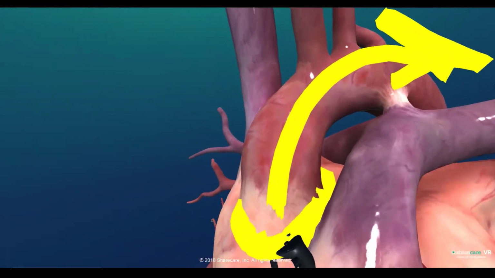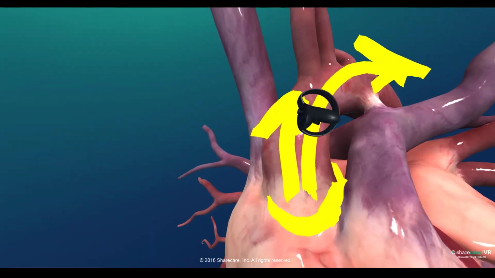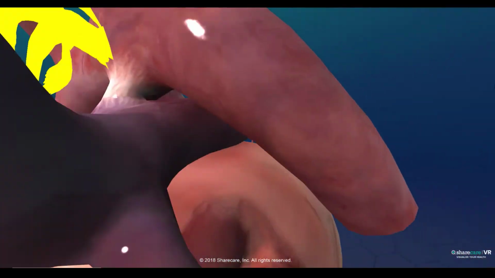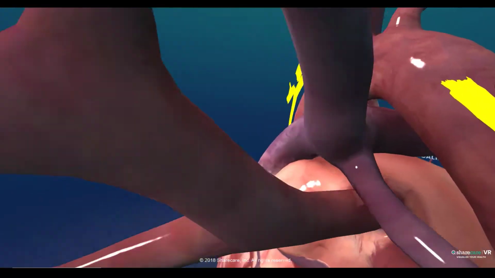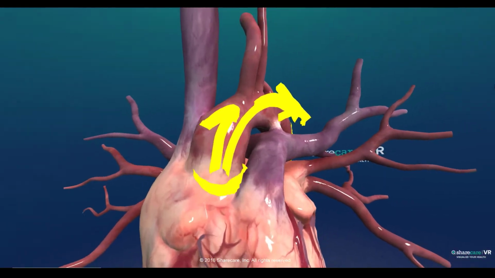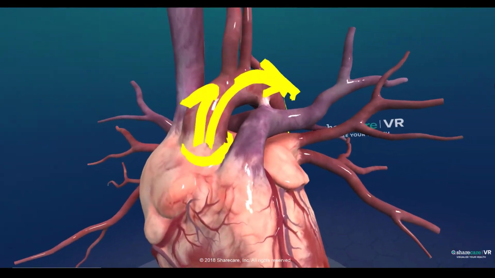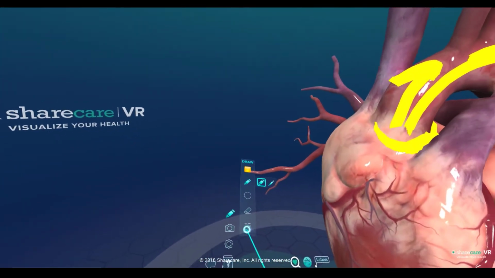We went through it and up into the ascending aorta, then the aortic arch. If we continue back here, this is where we start the descending aorta, which goes down to the rest of the body. So we just traveled through the heart as a blood cell, and then, of course, we would go to the rest of the body.